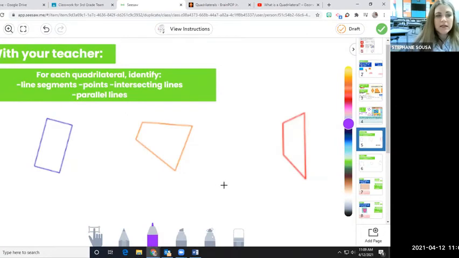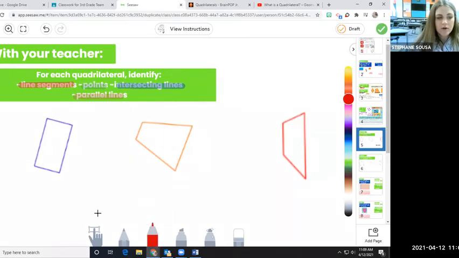Awesome. Let's take a look at slide 5 together, please. Slide 5 says, for each quadrilateral, identify line segments. Let's do that in red. Points, let's do that in green. Intersecting lines, let's do that in blue. And parallel lines, we'll do that in brown. Line segments, let's identify for each shape.